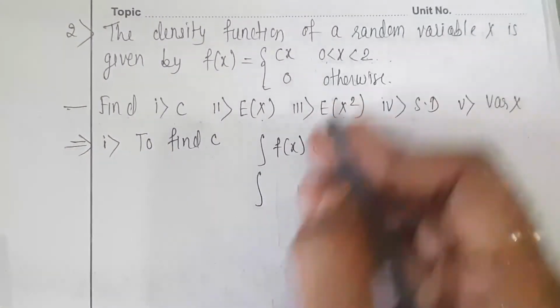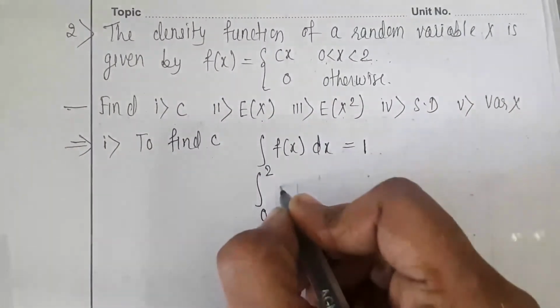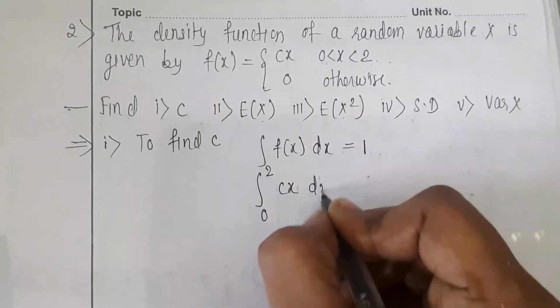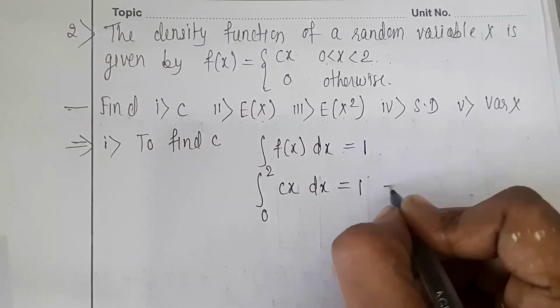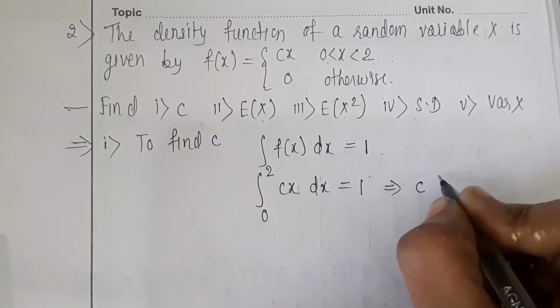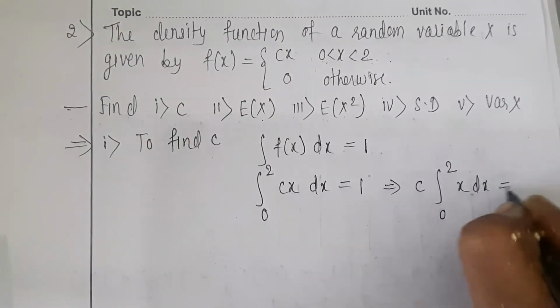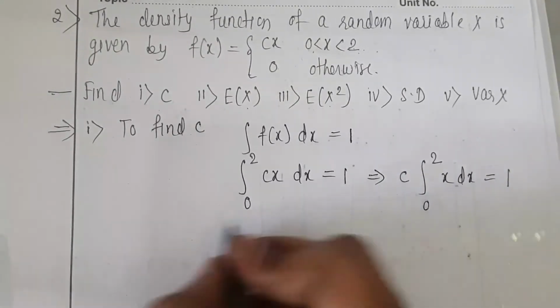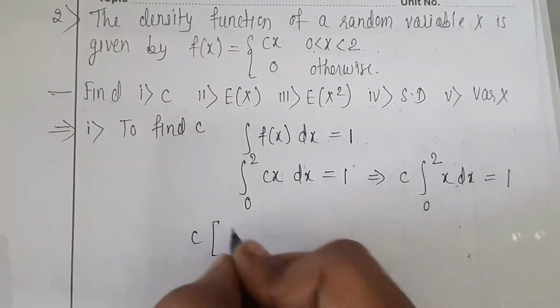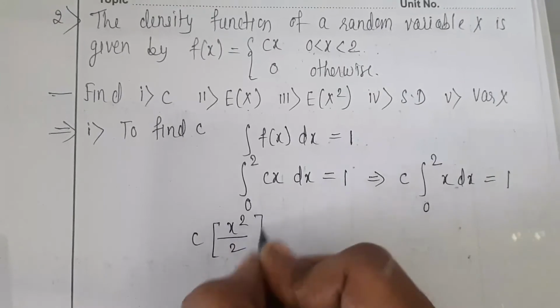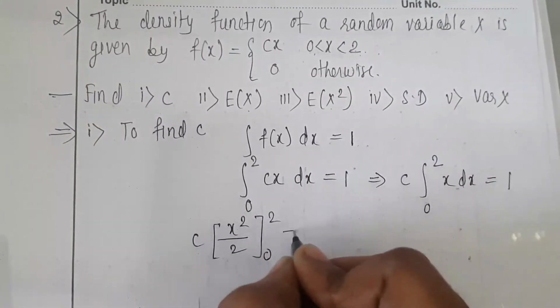So the integration of f of x, which lies only for the interval 0 to 2: the function is cx dx, equal to 1. Taking c common, integration from 0 to 2 of x dx equals 1. What is the integration of x? It is x square by 2 over the range 0 to 2, equal to 1.